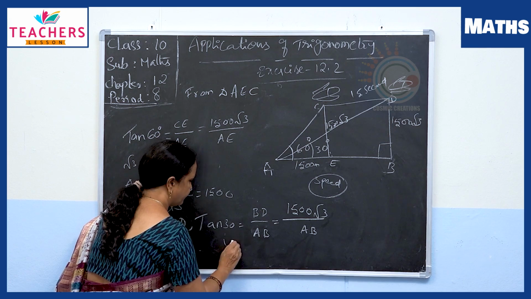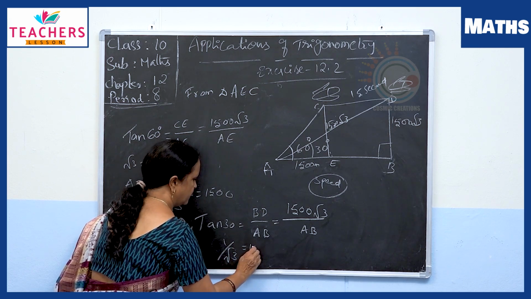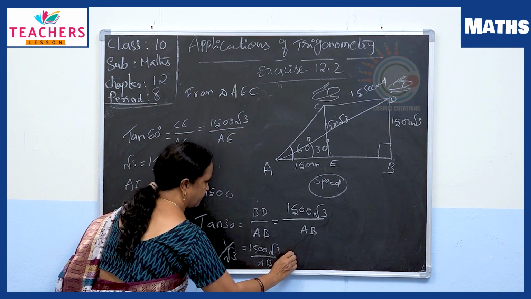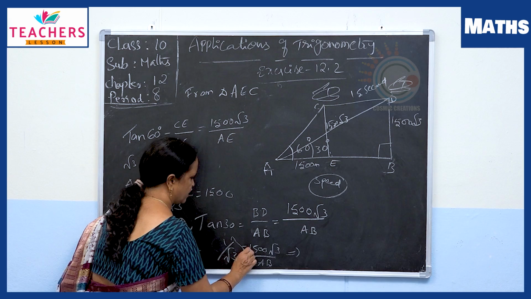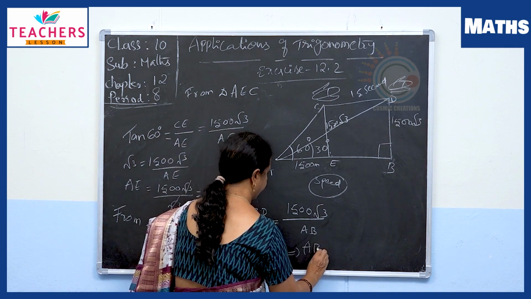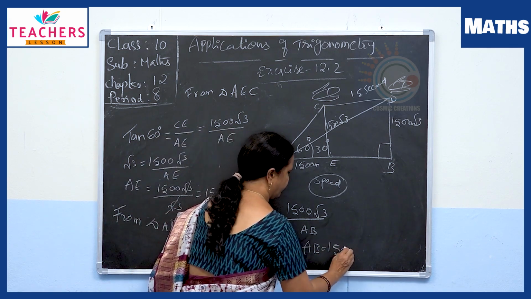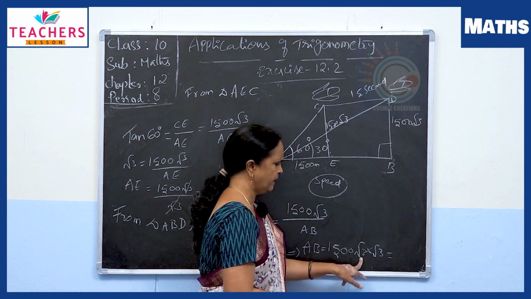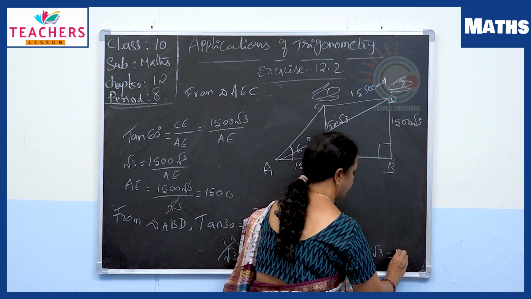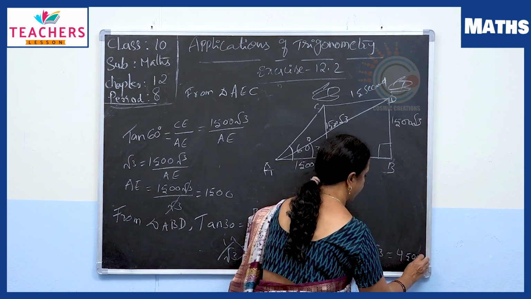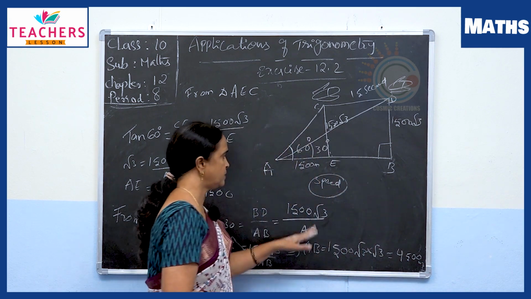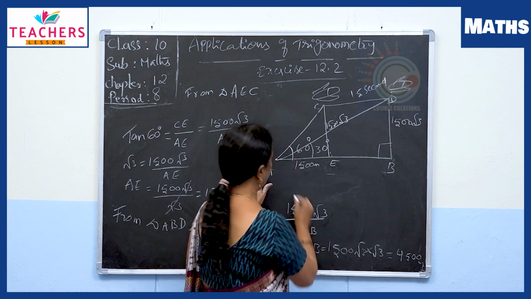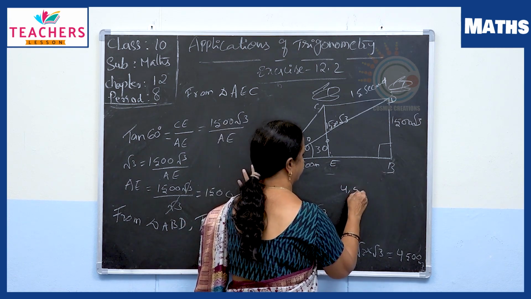So 1 by root 3 is equal to 1500 root 3 by AB. That implies, by cross multiplication, AB is equal to 1500 root 3 into root 3. Root 3 into root 3 is 3. 1500 into 3 is 4500 meters. AB, A to B, is 4500.